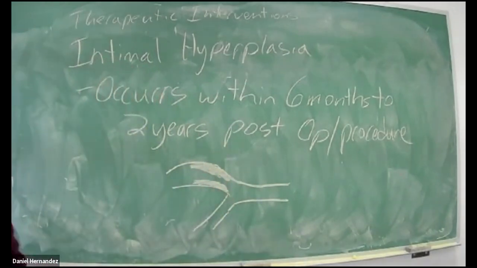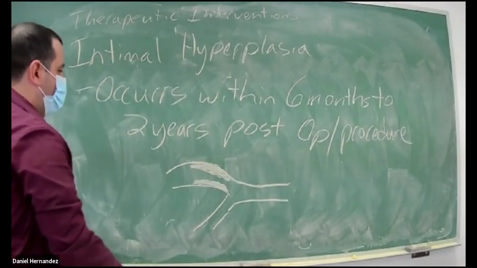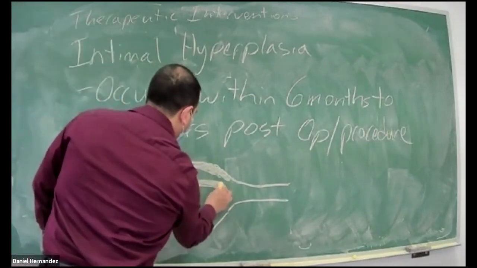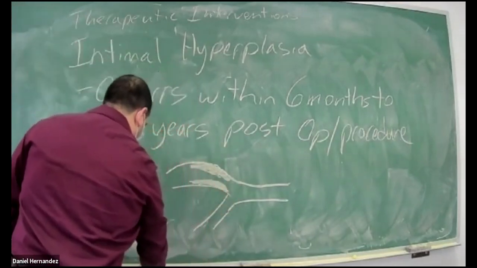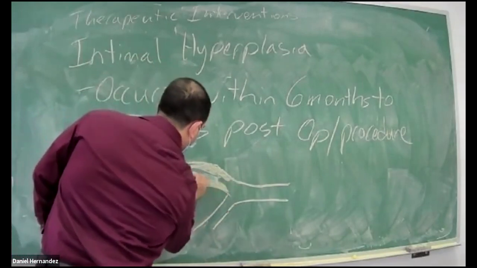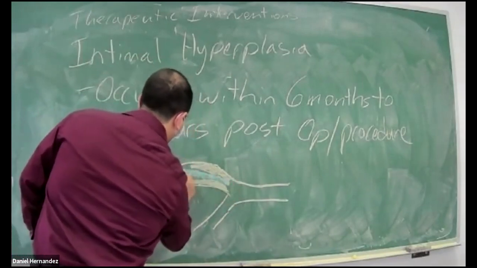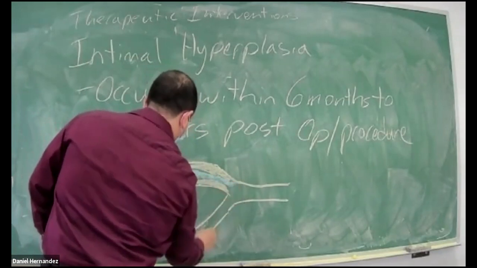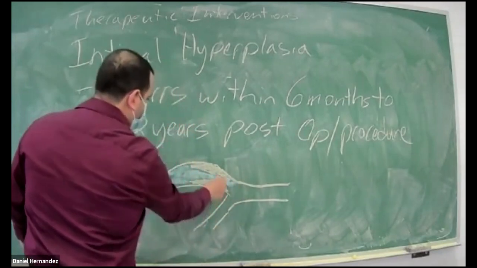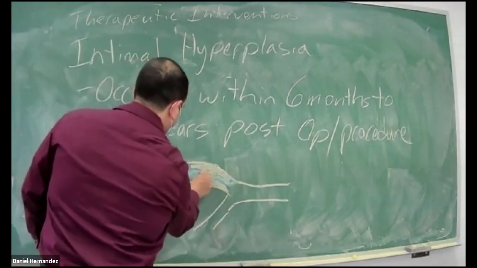So we get this to varying degrees post-operative, but it's when it becomes severe and becomes an issue that it now starts to limit the blood flow getting through. So we've now created a stenosis again, where we've gone in and removed the plaque and opened up the vessel.